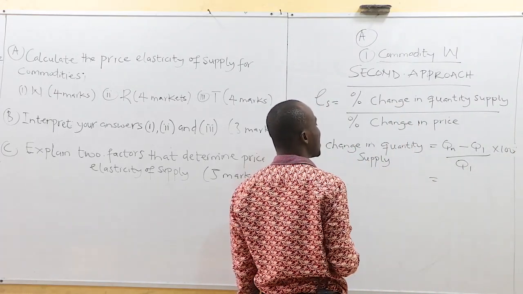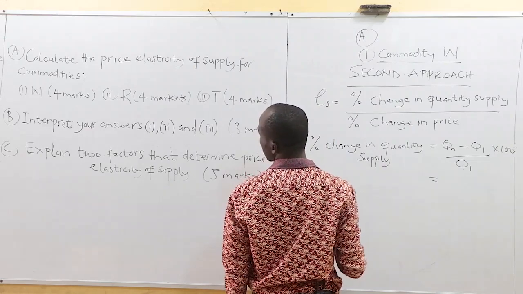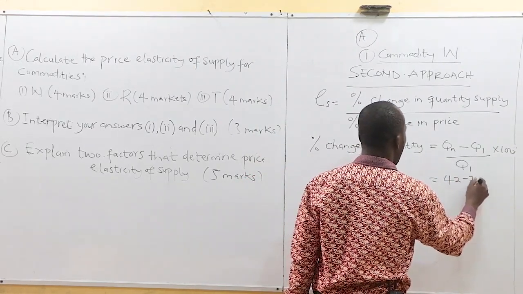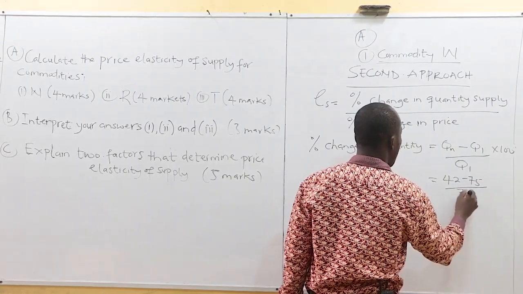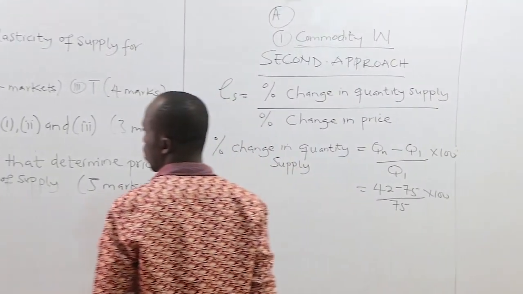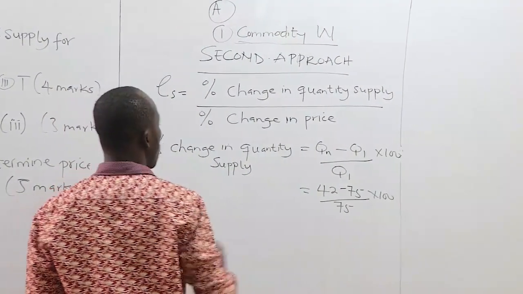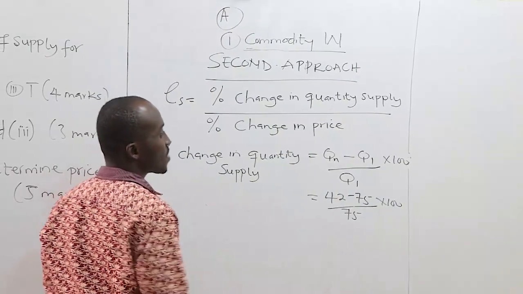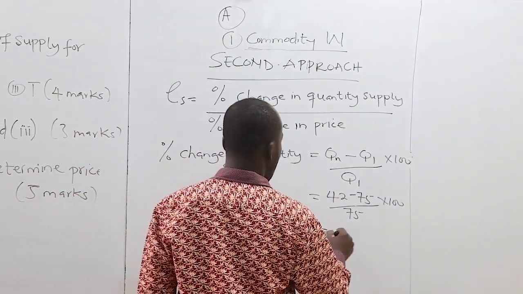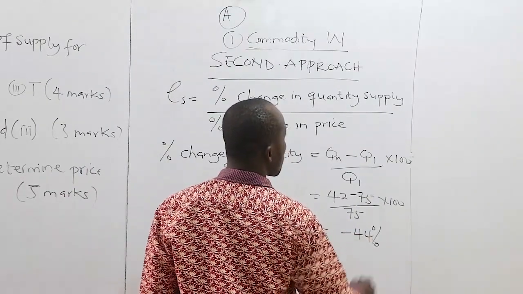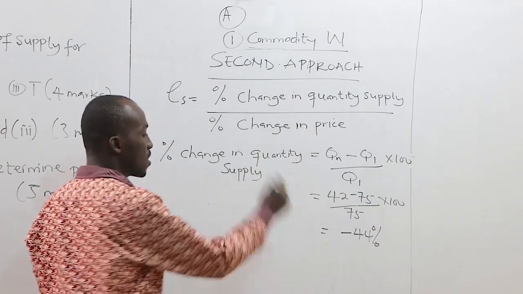What is the new supply? From the table, we saw that the new quantity supply is 42. The initial one was 75. Divided by 75 times 100. When you do that mathematically, you're going to get negative 44%. And this will give you 1 mark.